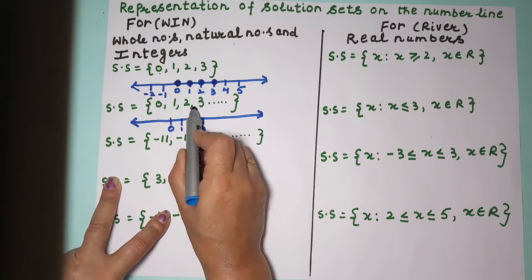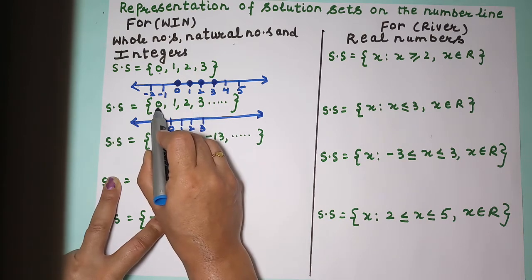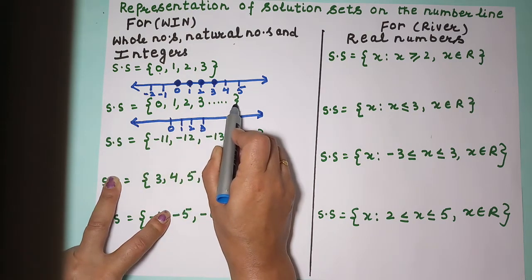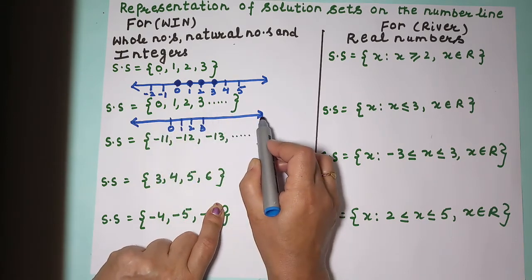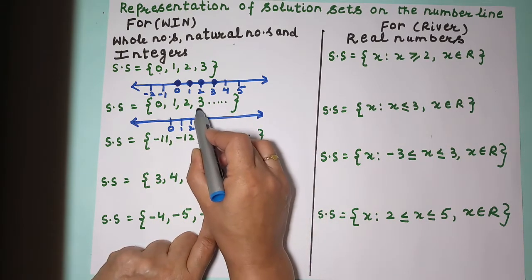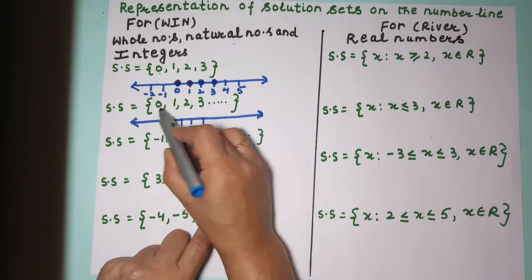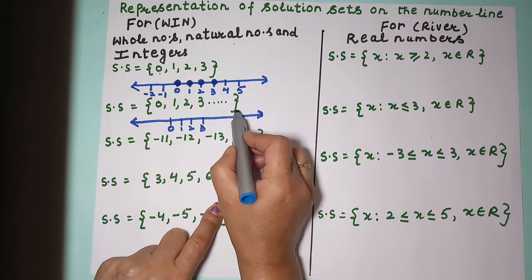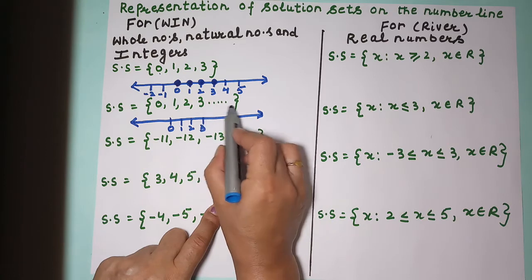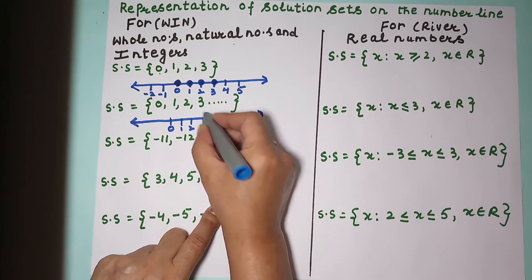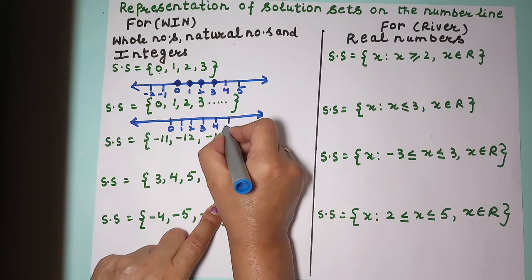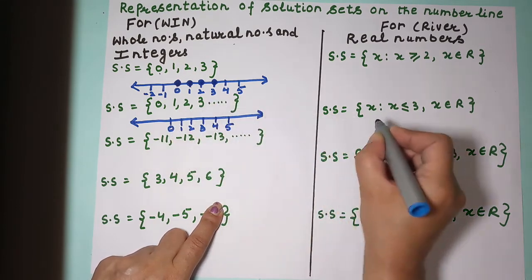This solution set says that the numbers start from 0 and then go infinitely on the positive side of the number line. There is no end to it. All the numbers from 0 to infinity will be taken in this solution set. So we'll write 4, 4 is also included, maybe 5 also. All the numbers are included in this.